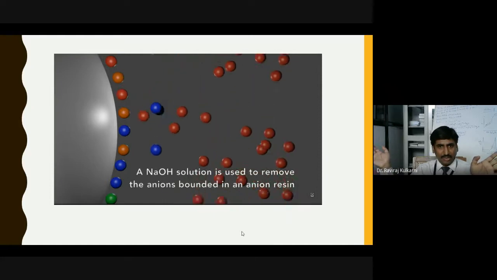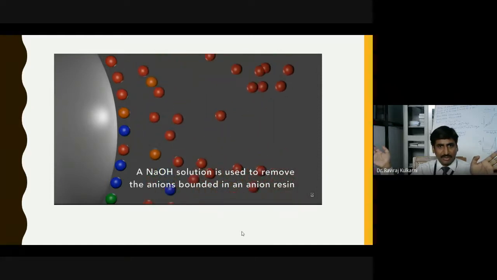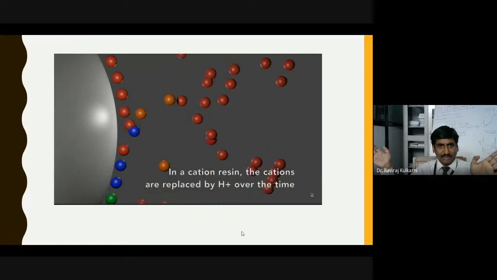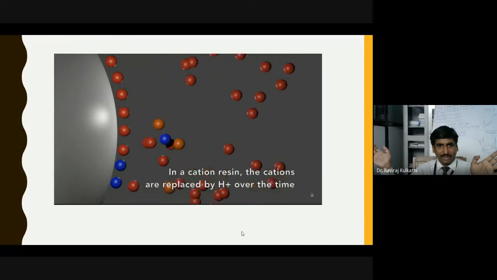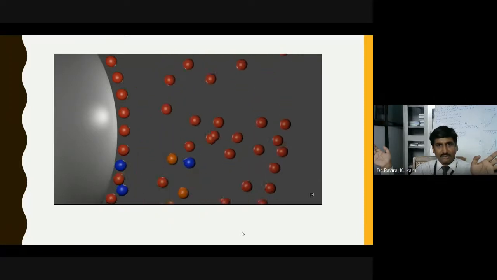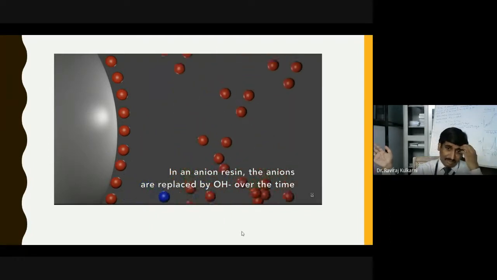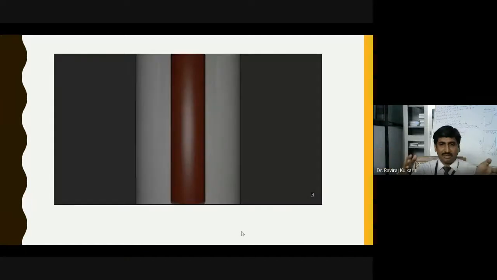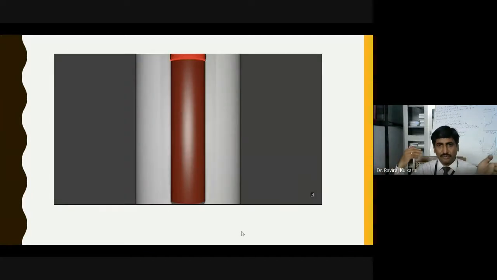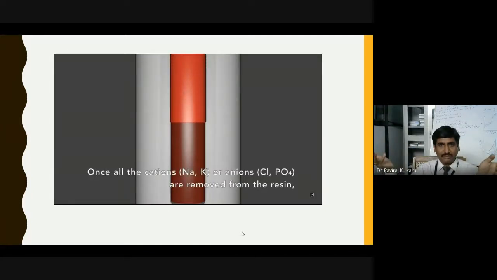The blue ones are calcium and magnesium ions, the red ones are H plus ions. The red ones replace the blue ones and green ones. So everything is replaced now. All H plus ions are sitting on the resin, and even OH minus ions are sitting on the resin if we use NaOH.